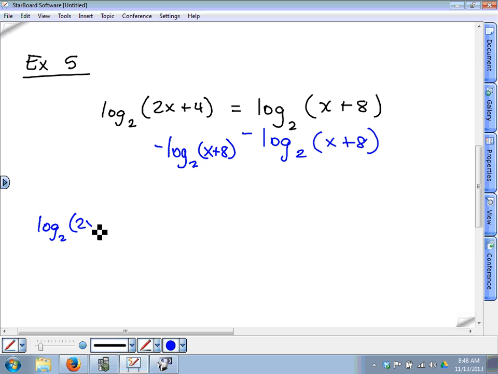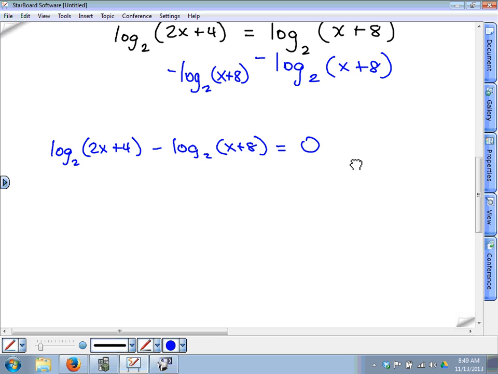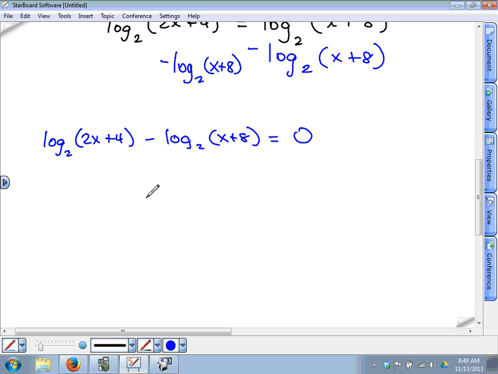Log base 2 of 2x plus 4 minus log base 2 of x plus 8. Now what does it equal? It equals 0. Now we can condense these into a single logarithm, log base 2 of the quotient 2x plus 4 over x plus 8. And that's equal to 0.